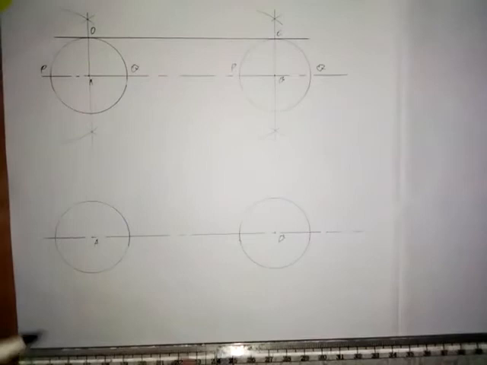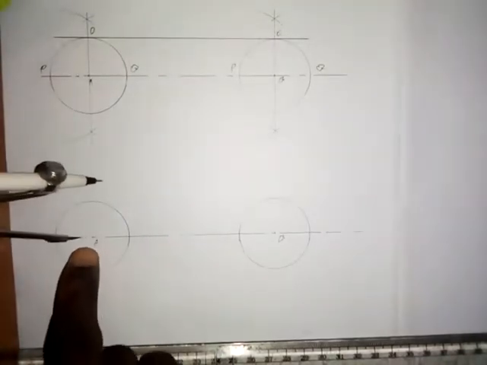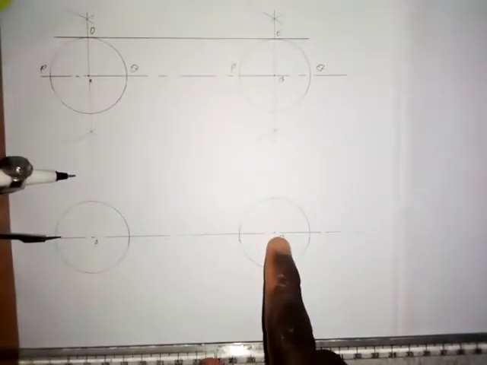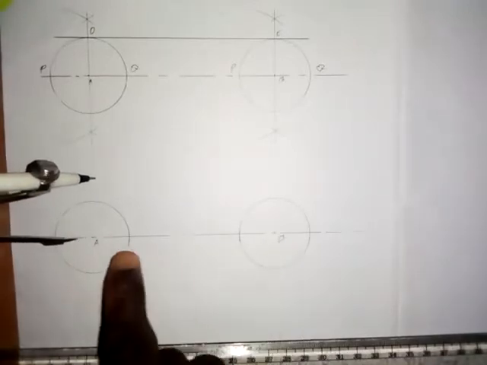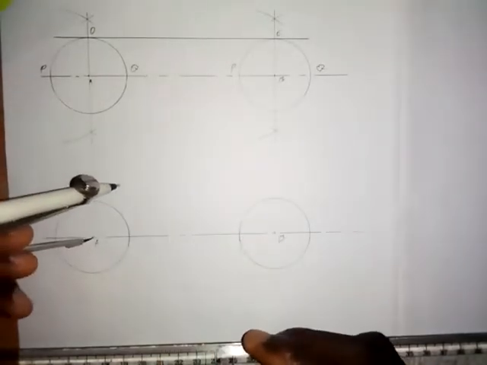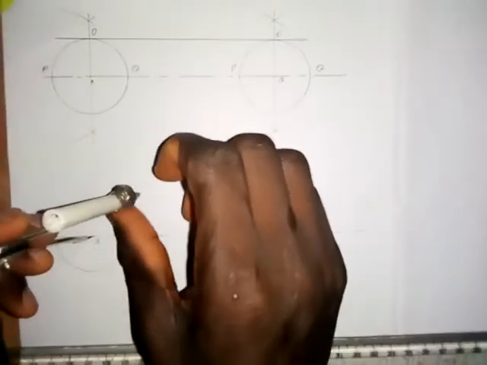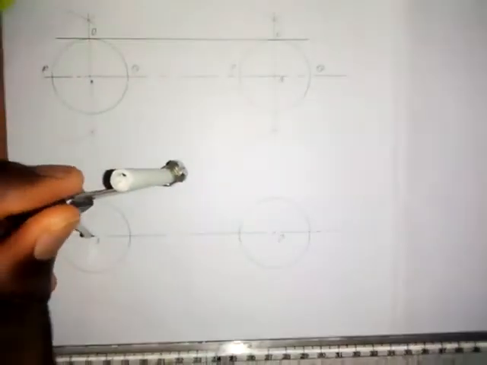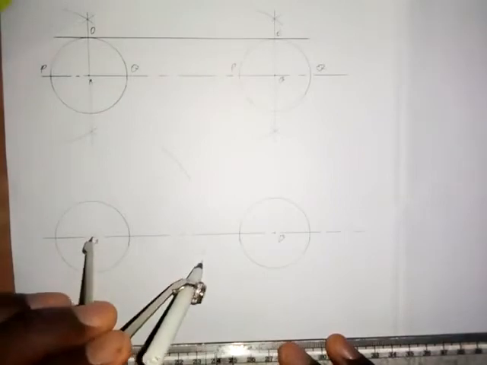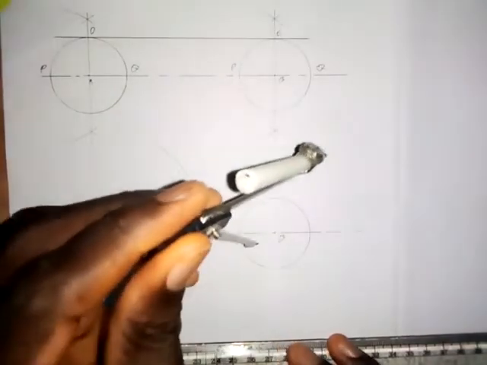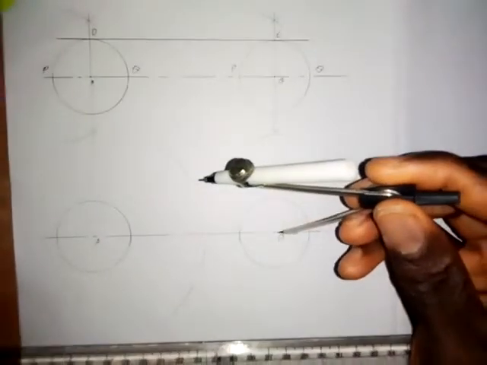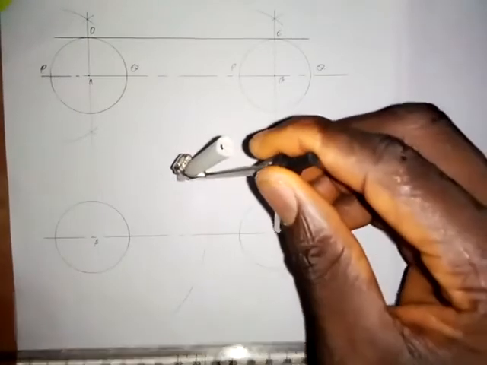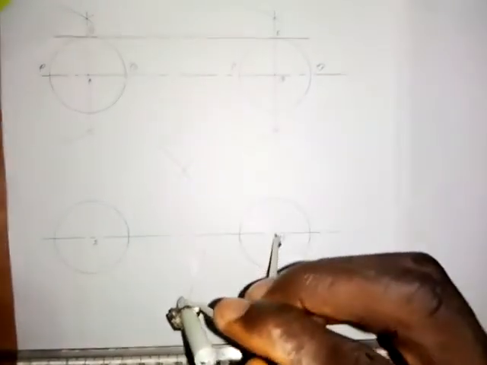The next thing I'm going to do is bisect distance AB. Extend your compass to any convenient radius, put it at point A, and draw an arc up and down. Put the same radius at point B and draw an arc up and down.